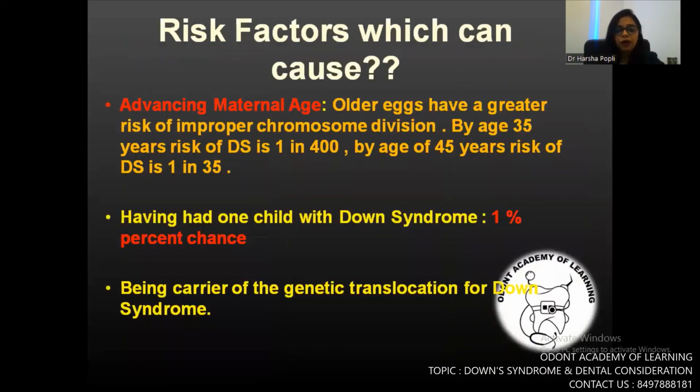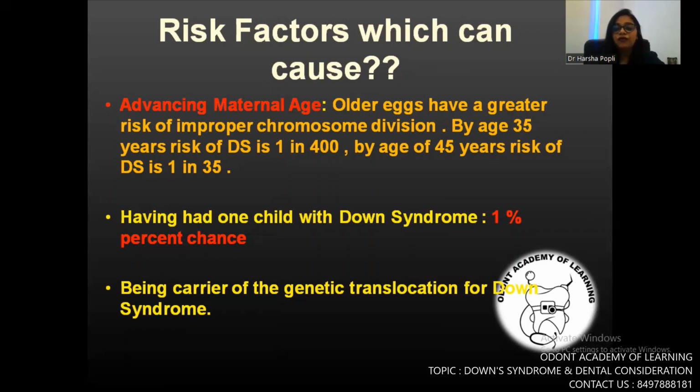So let's talk about its risk factors. What causes Down syndrome basically? The first factor is advancing maternal age. As the eggs of the woman get older with age, there is a risk of improper chromosome division. By the age of 35, the risk advances to 1 in 400.